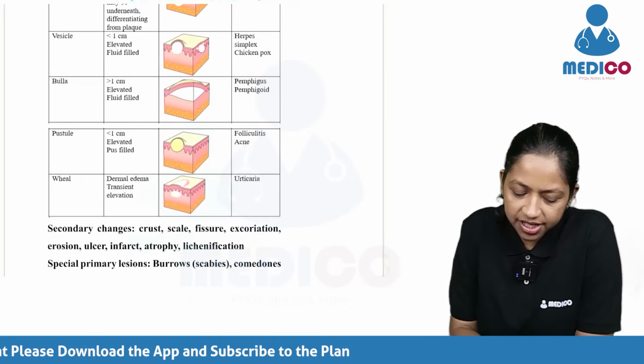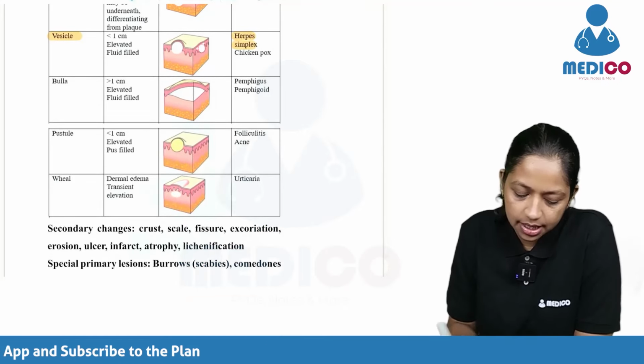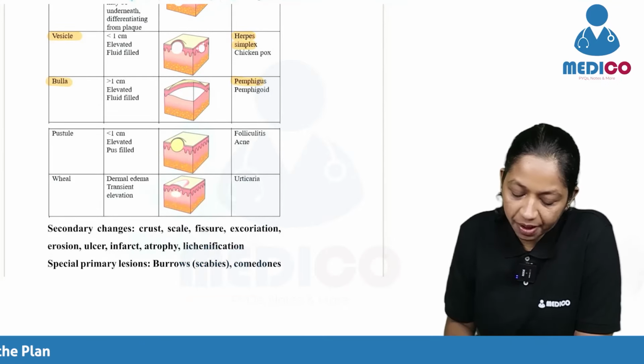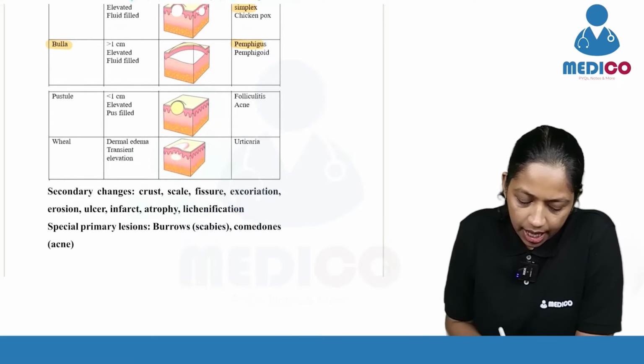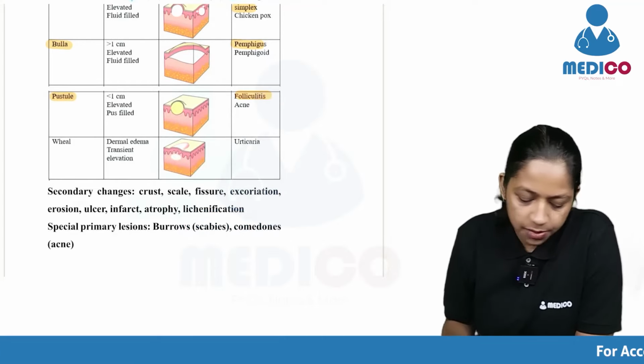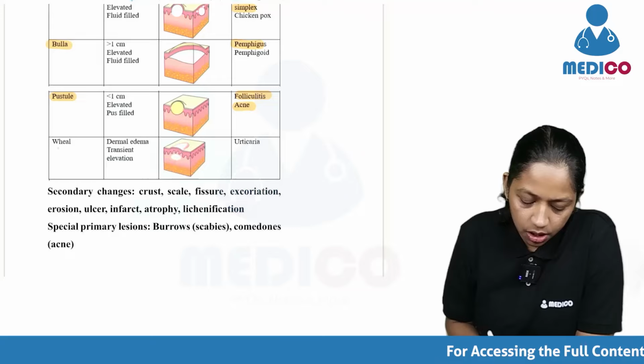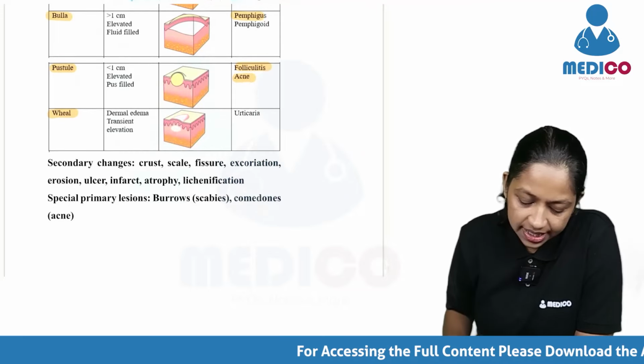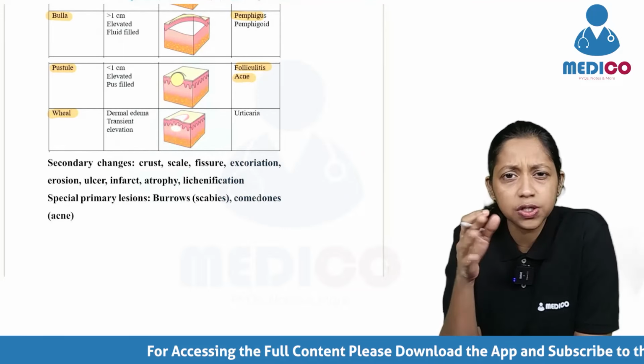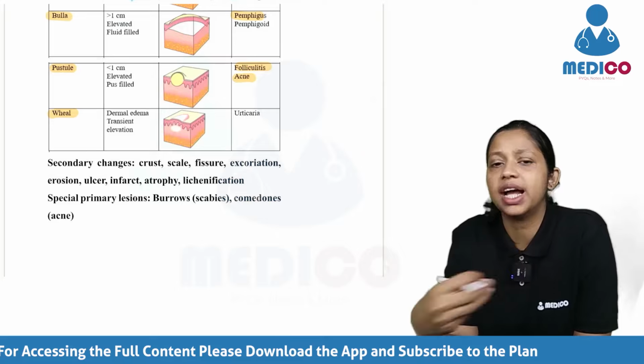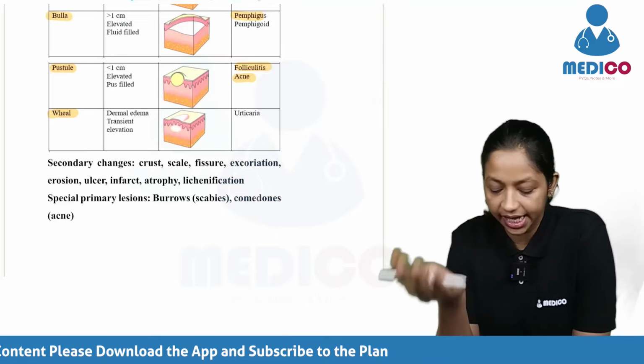Examples of a vesicle would be herpes simplex, and a bulla would be the pemphigus and pemphigoid group. And a pustule would be folliculitis, pustular lesions of acne. Now, what is a wheal? A wheal is a dermal edema. Because there is a lot of fluid in the dermis, the skin becomes elevated.